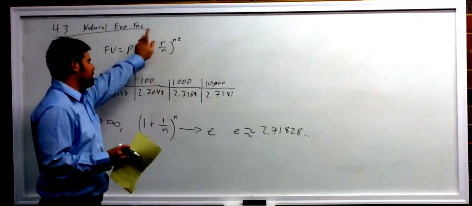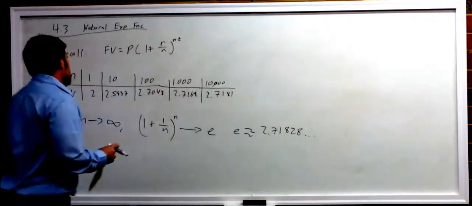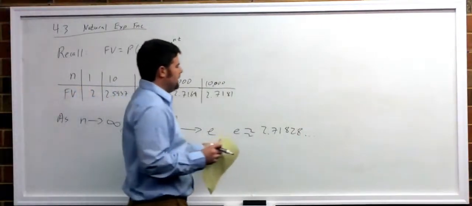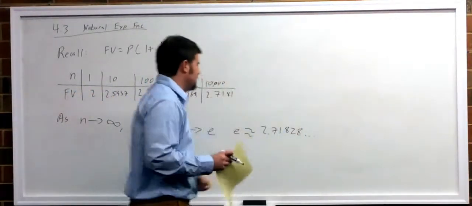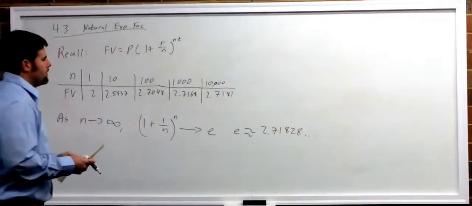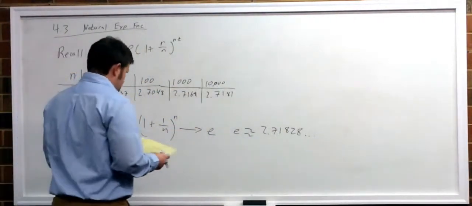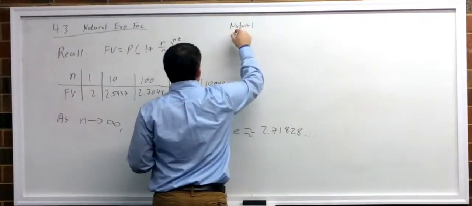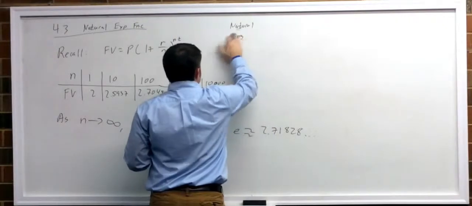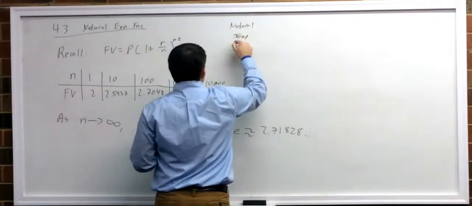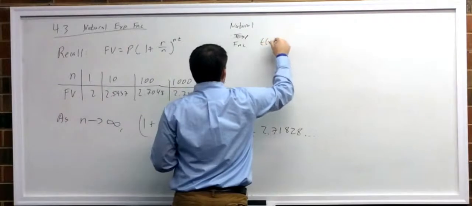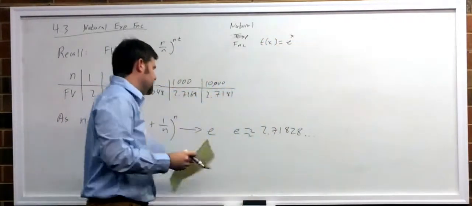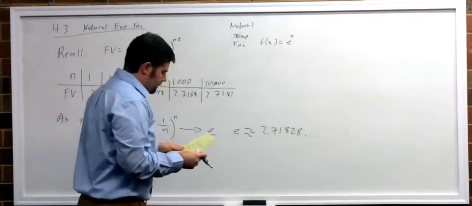Recognize I stuffed in a couple variables here, you don't have to worry about it, but as n grows without bound, this approaches e, which comes out to be about 2.718. We write that as your natural exponential function, f of x equals e to the x, where e is approximately this number.